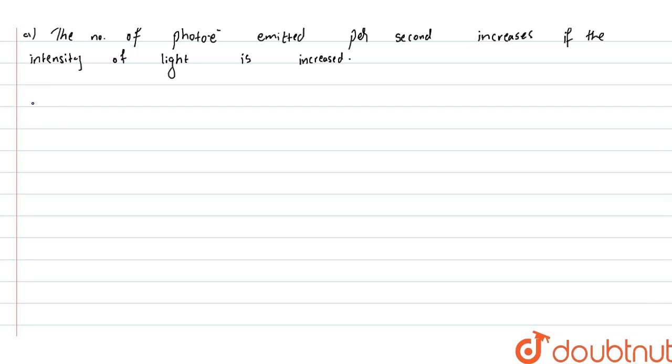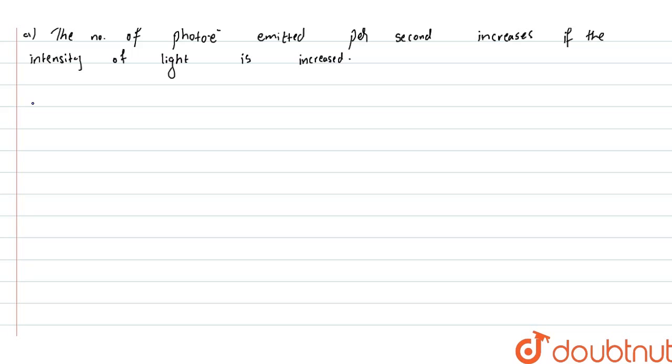But when we increase the frequency of light, we see that the photoelectrons being emitted have more kinetic energy, and stopping potential is the potential difference required to stop the photoelectrons, and this is directly proportional to the kinetic energy of the electrons. So the higher the kinetic energy, the more stopping potential we require.